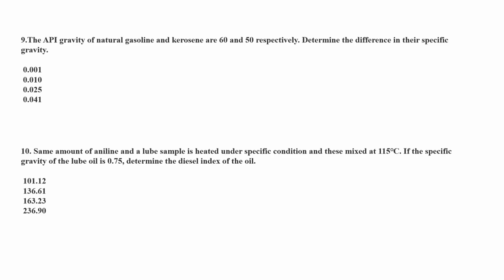Okay, let me start with this question. So the formula for API gravity is API equals 141.5 upon specific gravity at 60 degrees Fahrenheit, minus 131.5.